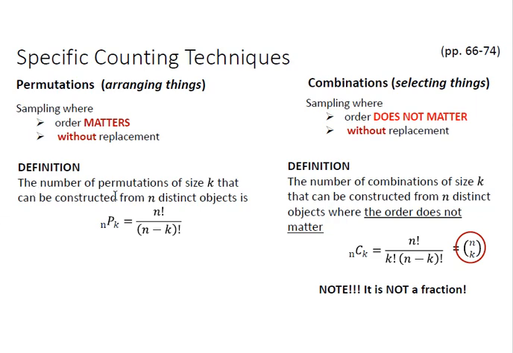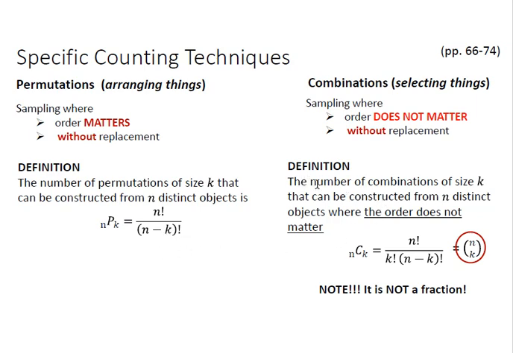The number of permutations of size k that can be constructed from n distinct objects is P(k out of n), which is n factorial over n minus k factorial.